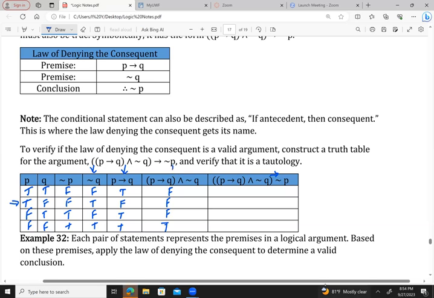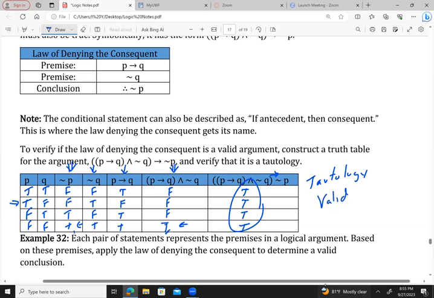So the only time I have to be concerned is when it's true in the first statement, the antecedent, and false in the consequent. But the only time it's true in the antecedent is here, and it's also true in my consequent, not P. So that's true, and everything else is true too. So I have a tautology.